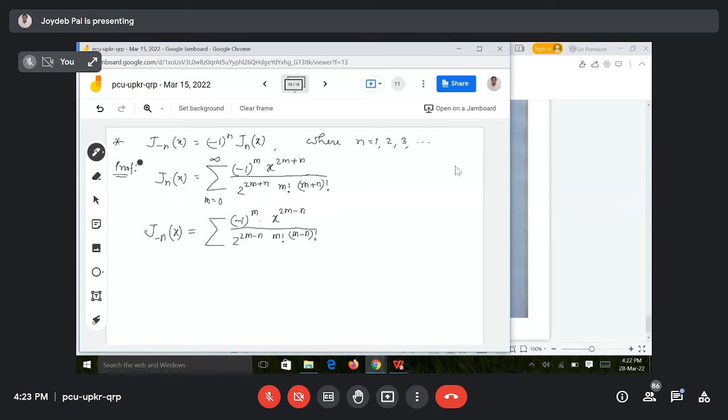Now what will be the limit? 0 to infinity or something else? Look, if you put m equal to 0, is there any contradictory part? Means by mistake, if you take m from 0 to infinity, for m equal to 0, is every part defined? It is minus n factorial.